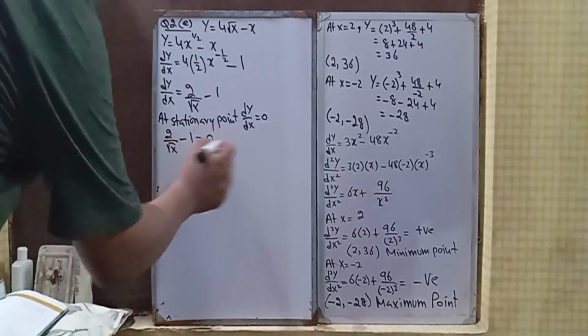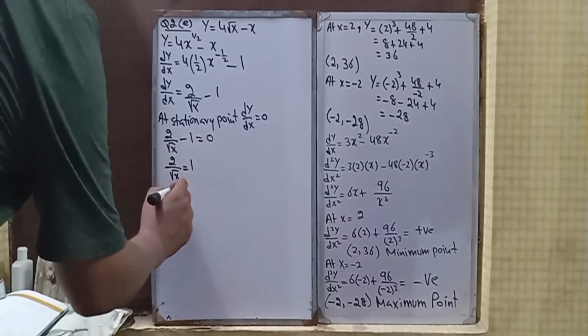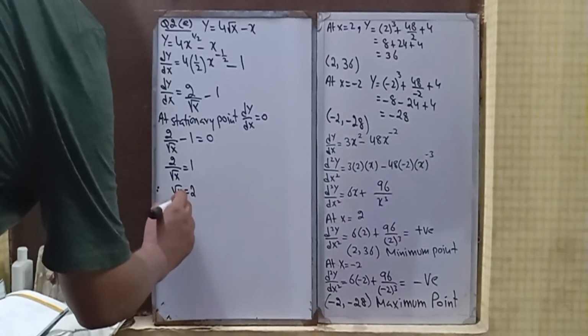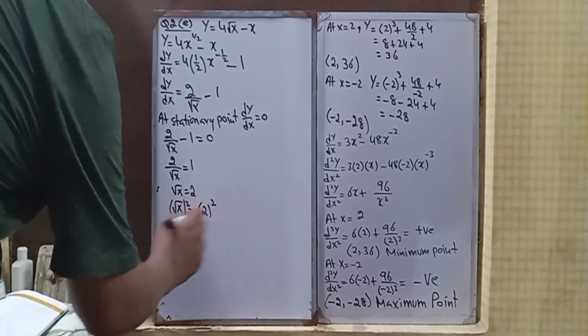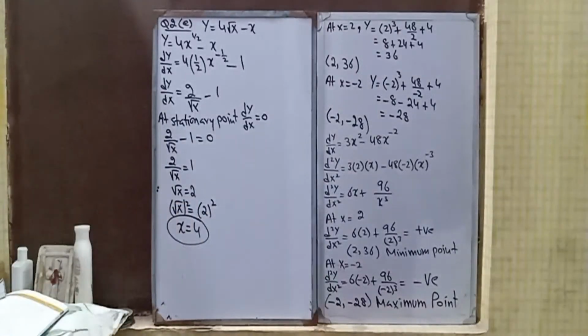So now you can take it to the other side. 2 by under root x is equal to 1. So under root x will be equal to 2. Take the square on both sides. Under root x squared will be equal to 2 squared, so x will be equal to 4. Now I know the value of x, I can find the value of y.